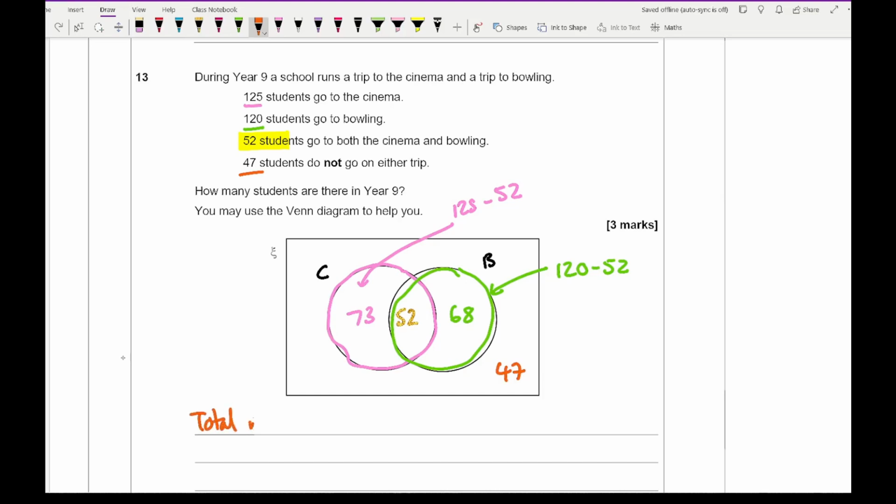So the total number of students in year 9 equals, and I just add all those numbers up, I get an answer of 240.